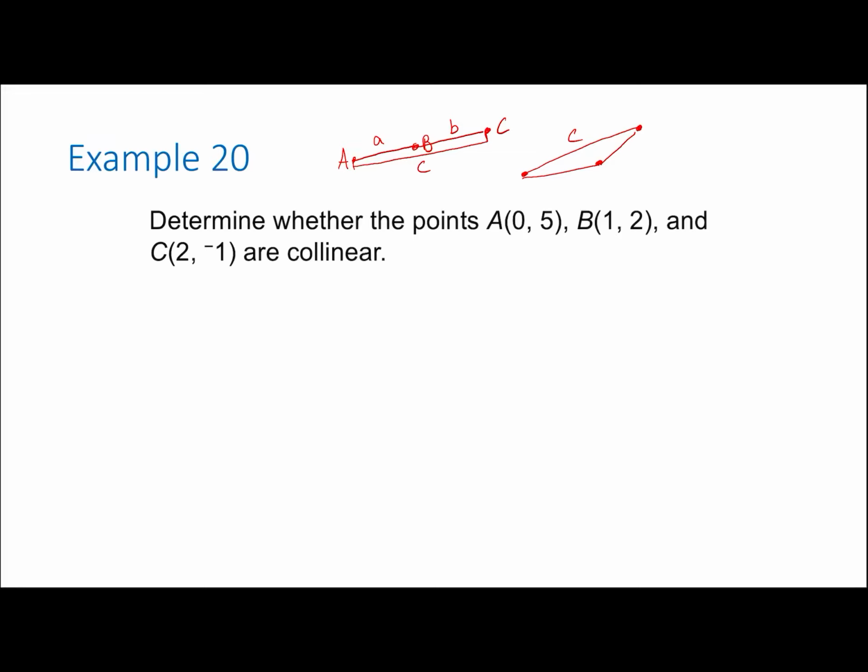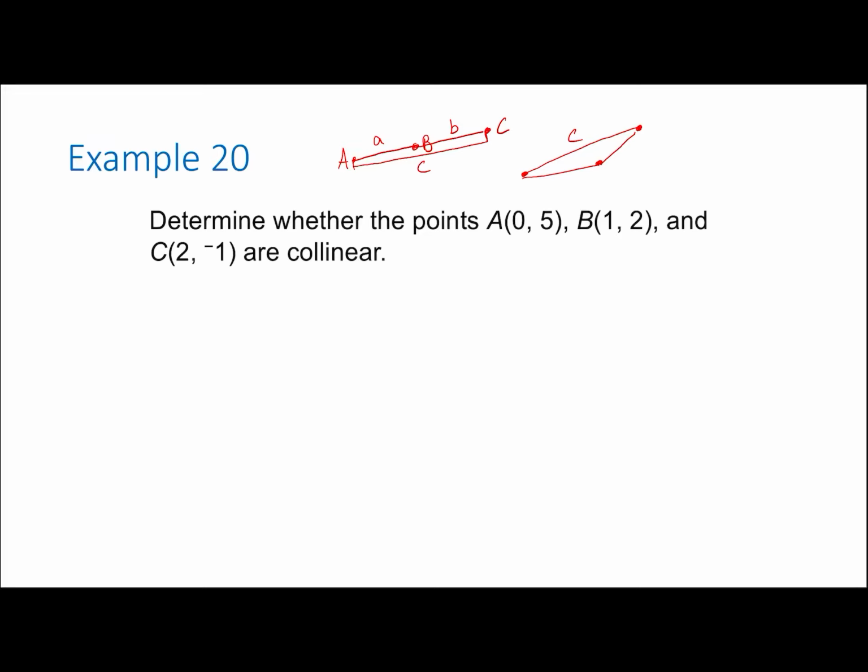Again, we have a theorem that said previously that two sides of a triangle, when you add them together, have to be greater than the longest side. And so we're going to see here if that is the case.